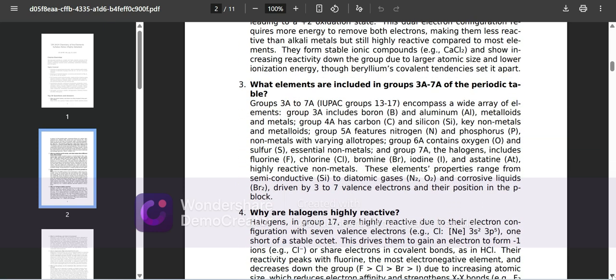What elements are included in groups 3A to 7A of the periodic table? Groups 3A to 7A, IUPAC groups 13 to 17, encompass a wide array of elements.